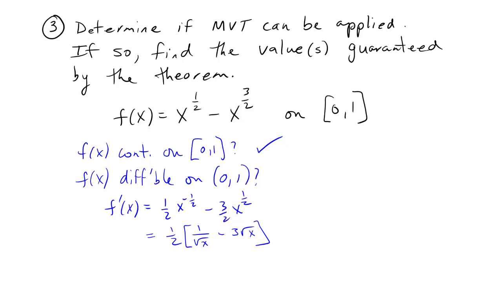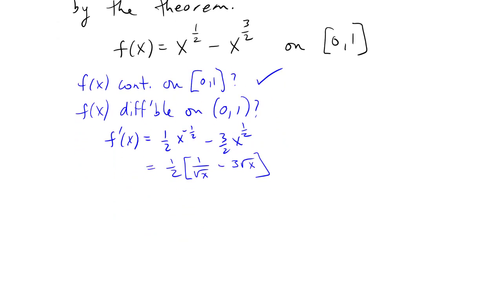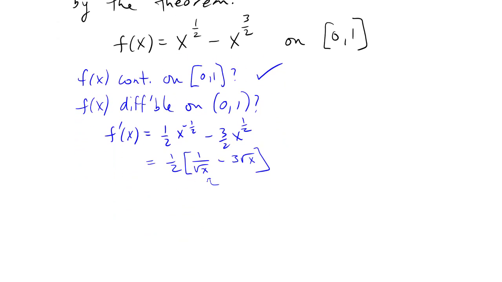Okay, so what we see is that yes, there is an issue at x equals 0, meaning that it's not differentiable at x equals 0, but we only need it differentiable on the open interval 0, 1. So it is differentiable on the open interval.